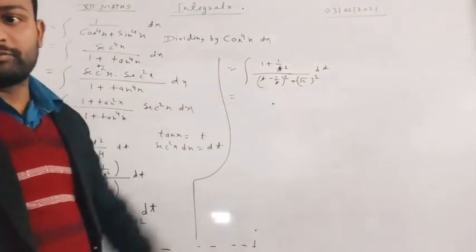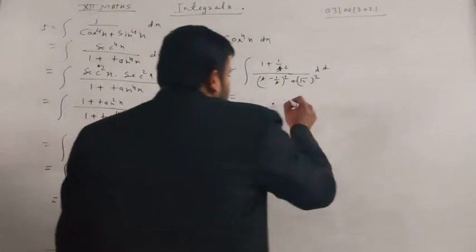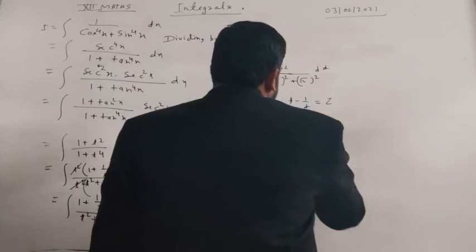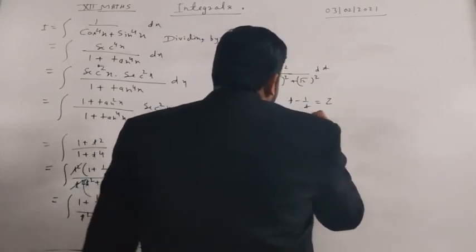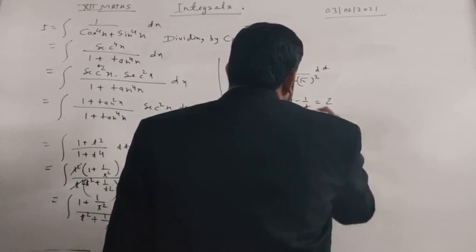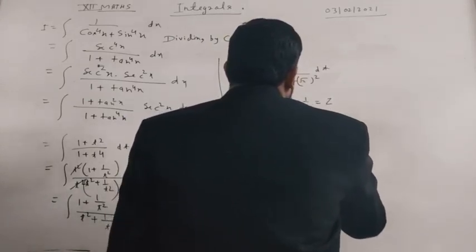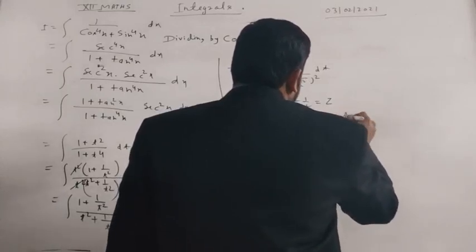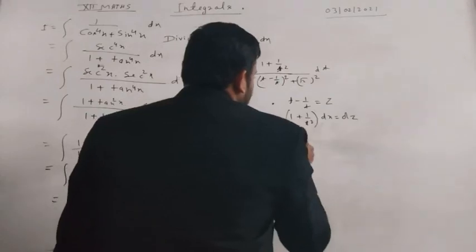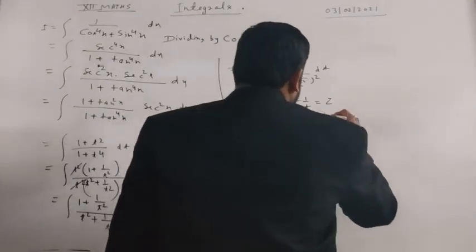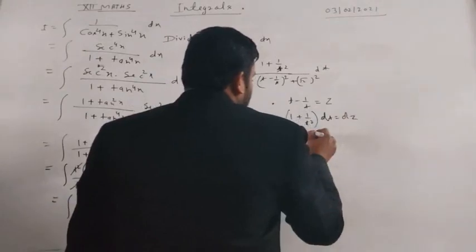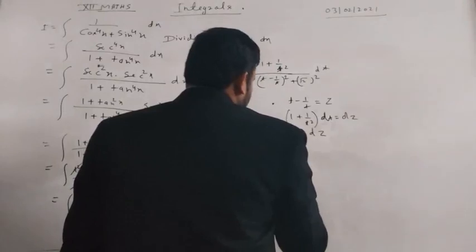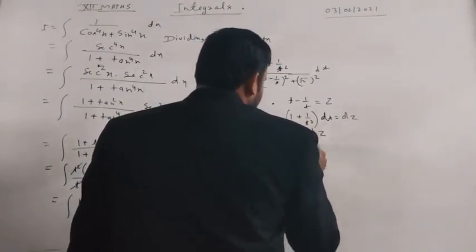Now students, this part we can write t minus 1 by t is equal to z. So 1 plus 1 by t square dt is equal to dz, students. So this is dz by z square plus root 2 whole square.